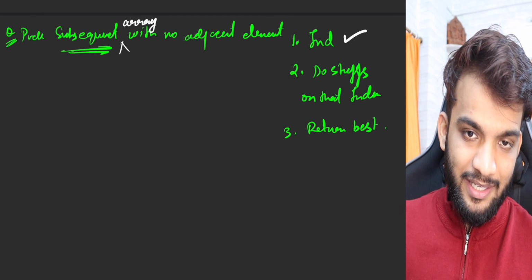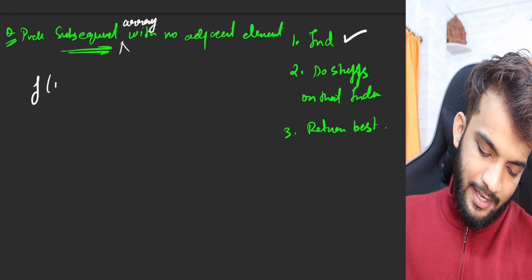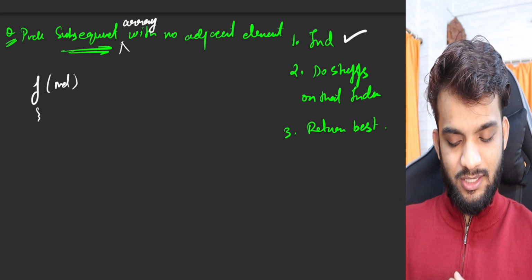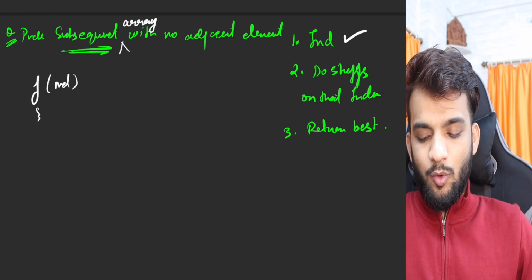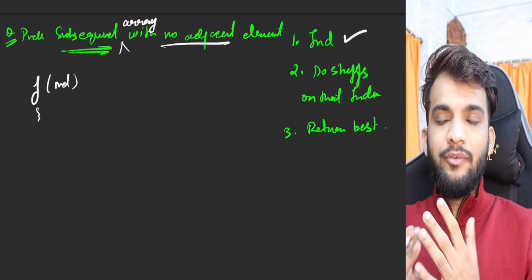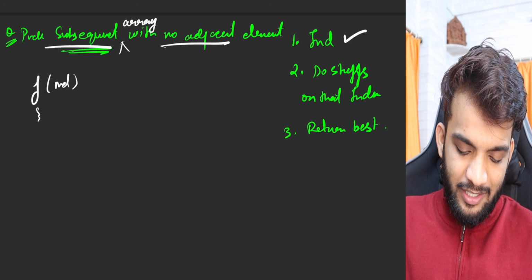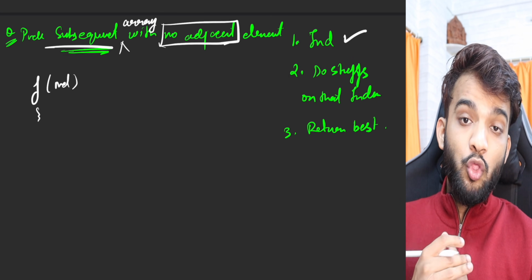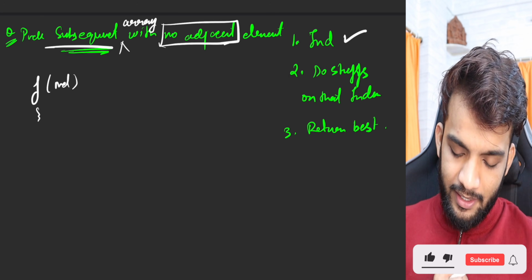So the first property has been satisfied, that I will have the recurrence based on the index. Now there's a constraint, rather, with no adjacent elements. How do I deal with it? Because I know how to print all the subsequences, but now there's a constraint which states with no adjacent elements, right?